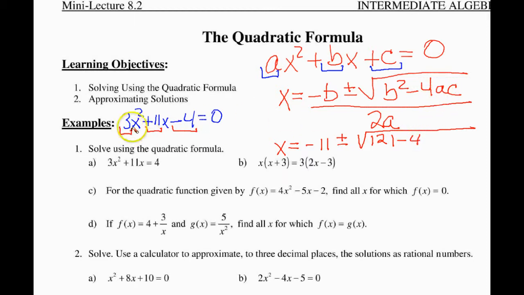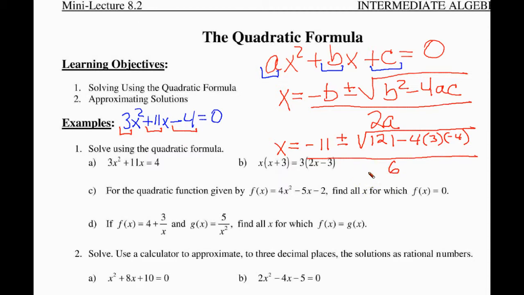A over here is 3. And C is a negative 4. And that's all going to be over 2A. And 2A is 2 times 3, which is 6.